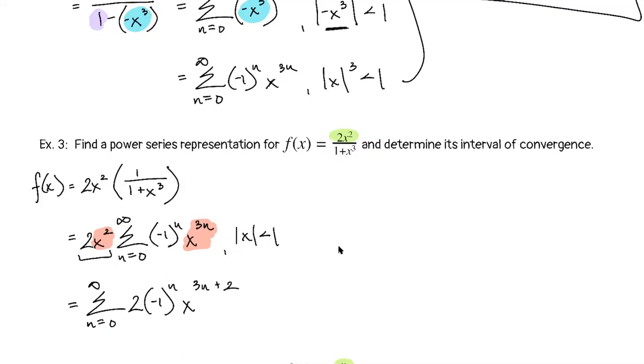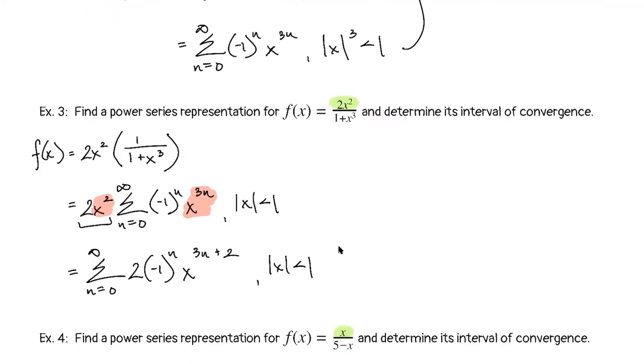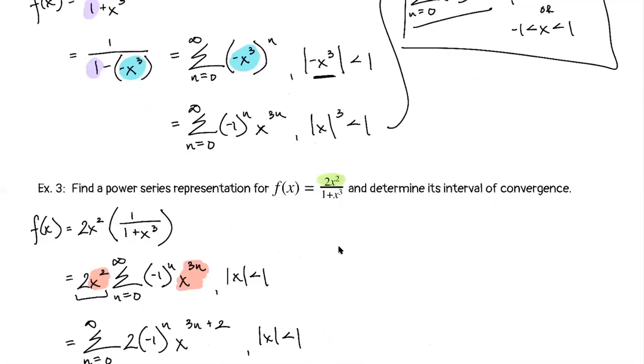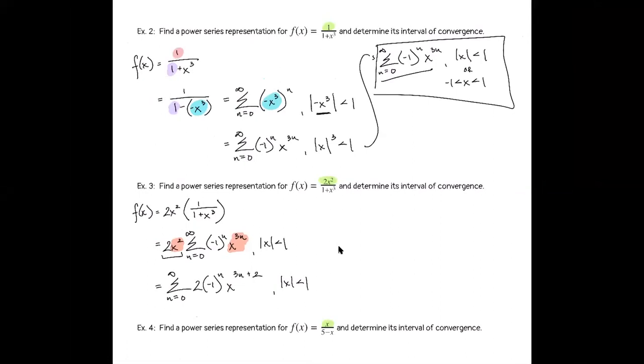Okay. Now, this part doesn't actually change because all I've done is just distribute it back in, okay? So what I have here in example 3 is a power series representation for the 2x squared over 1 plus x cubed, okay?